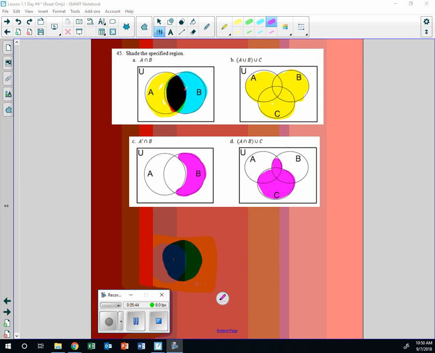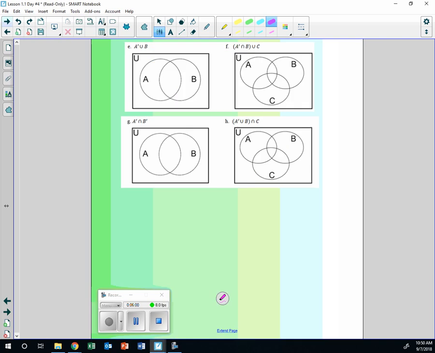Not A intersect B. It's going to be the part of B that isn't a part of A. So that's what's filled in for C. For D, the intersection of A and B is just the overlap of A and B, and then you're going to union that with all of C. So that's the shape you get for D. Try these.